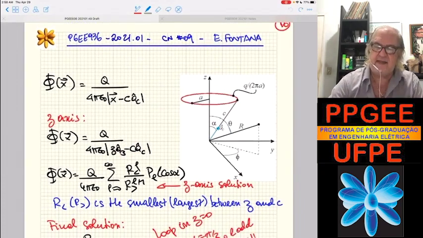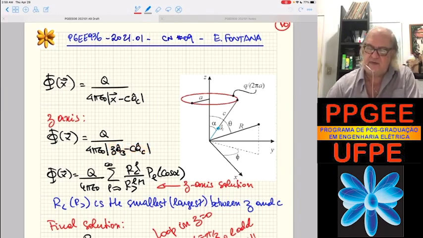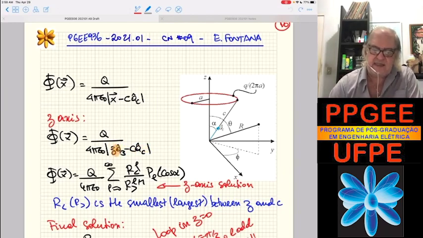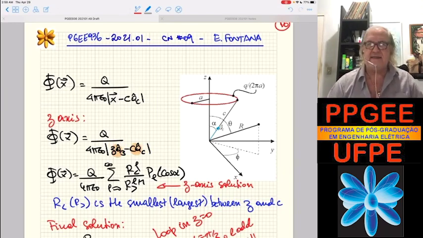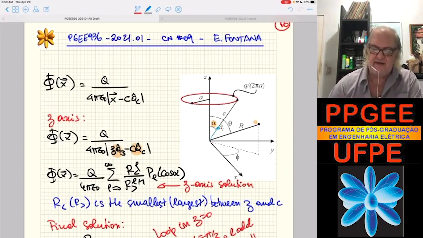So we now expand that. Let's expand the inverse function. The angle between the two vectors, z and c, x and x prime in the previous example, is equal to alpha, right?